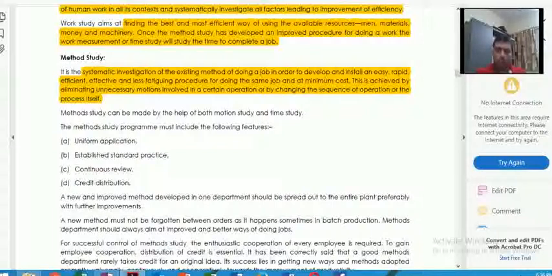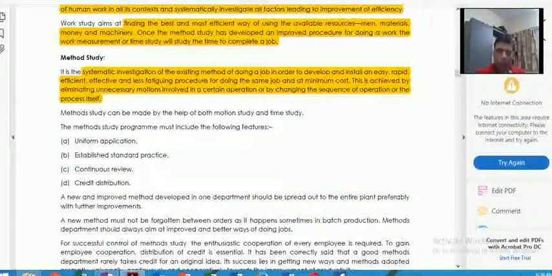So if an organization has taken a decision to use robots or to do automation, then this entire study, right from the time study, motion study, then the work study and method study, has to be carried out before transferring that work from humans to robots.